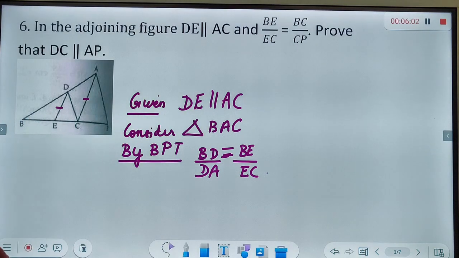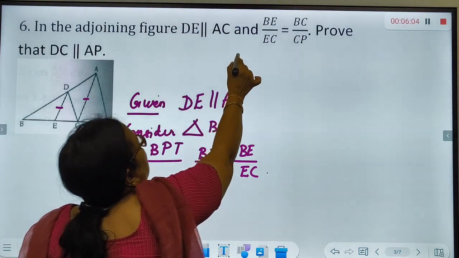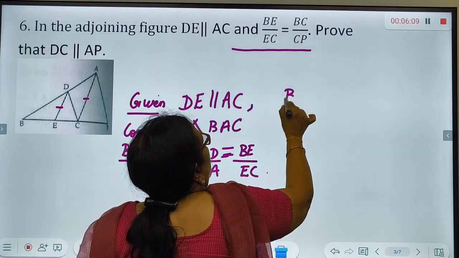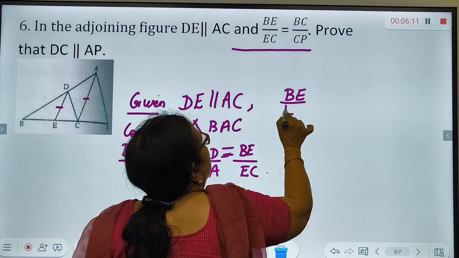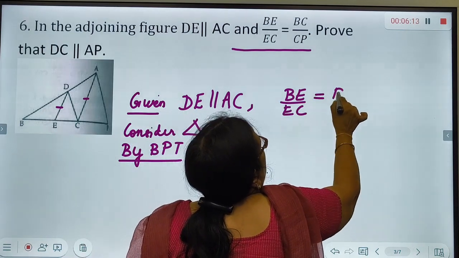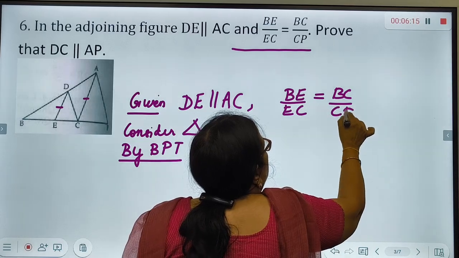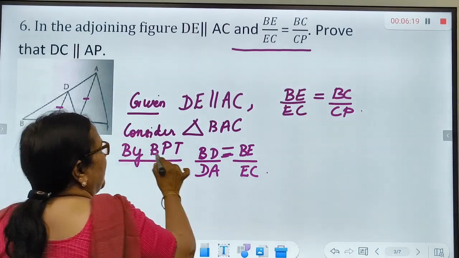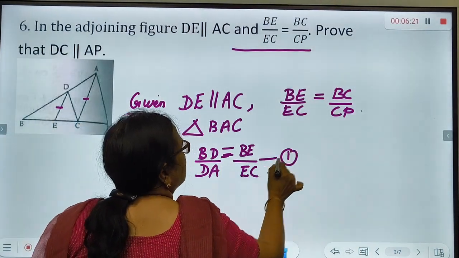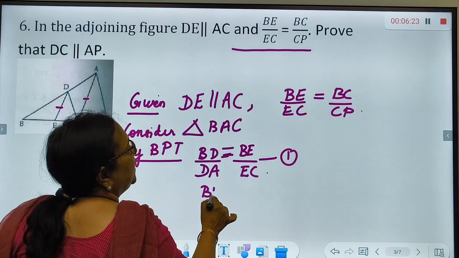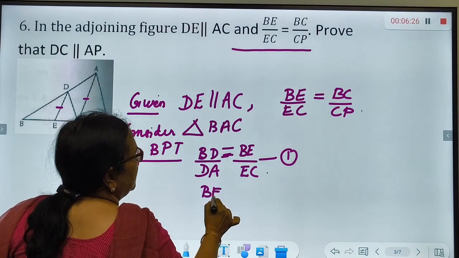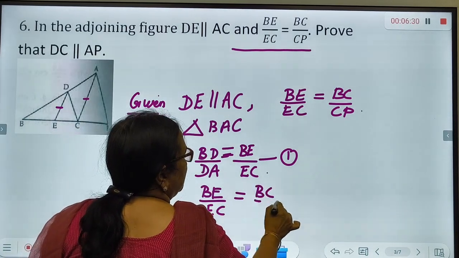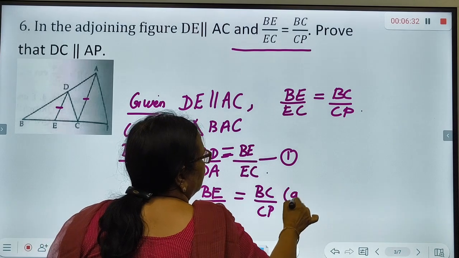This is by BPT. Now what else is given? DE is parallel to AC and you are given BE by EC is equal to BC by CP. So by BPT we have got this, BE by EC is equal to BC by CP, given.